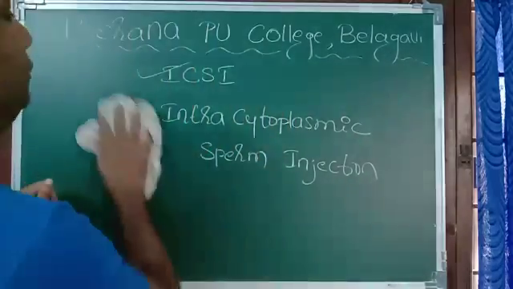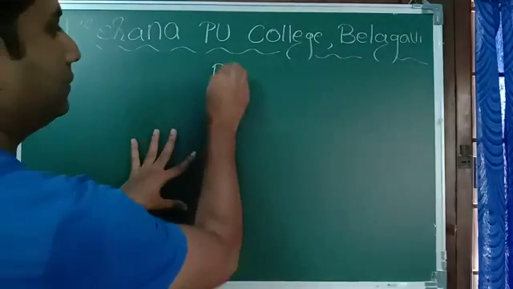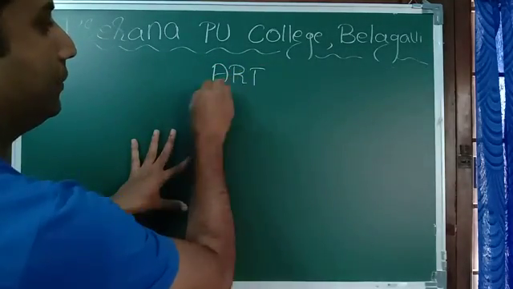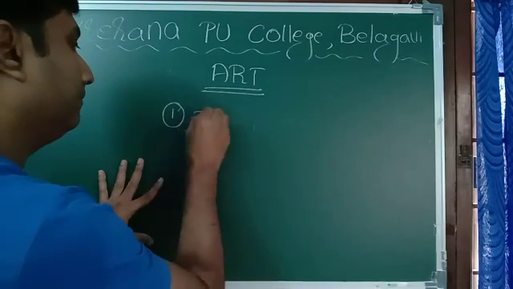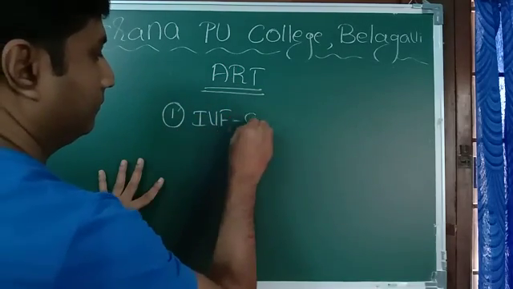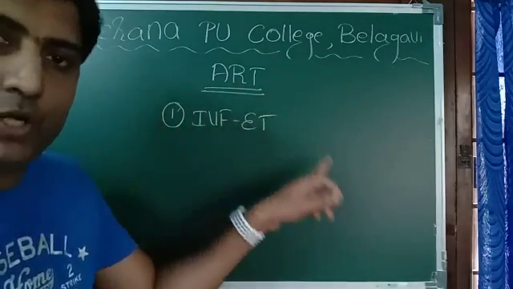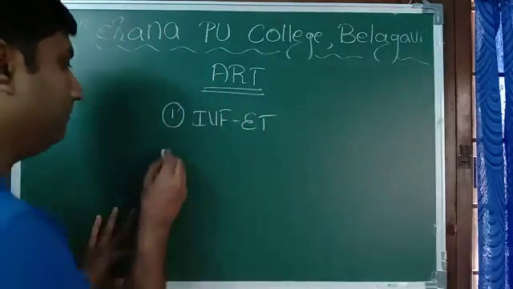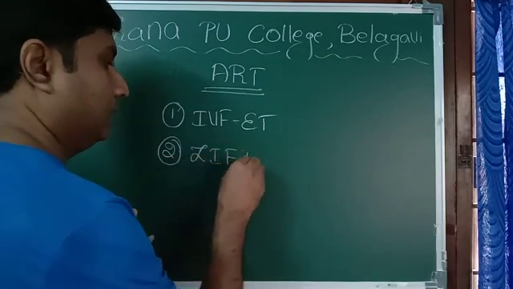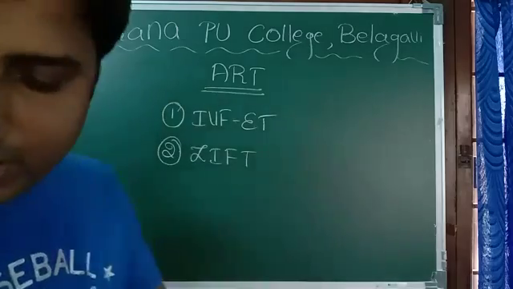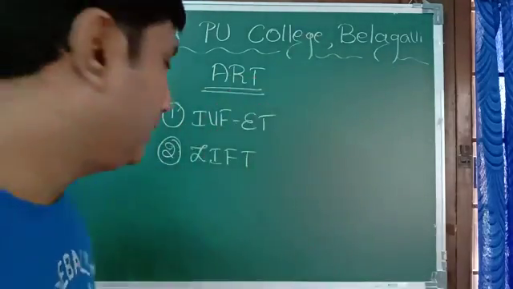So, to summarize, there are various techniques of ART, assisted reproductive technology. First one is IVF-ET, in vitro fertilization embryo transfer, or the test tube baby program. Second, ZIFT, zygote intrafallopian transfer.